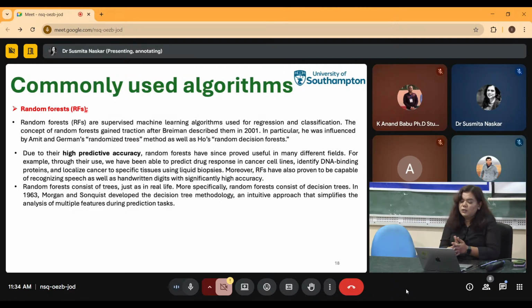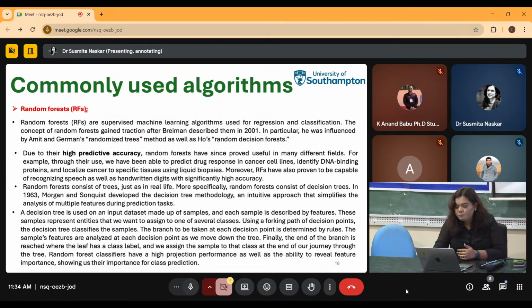And how this generally works: we start with the dataset, which is made of samples, each described by features. Okay. And as we move down each decision tree, the algorithm follows a path of decision points, which applies rules for classifying each of those samples, right?